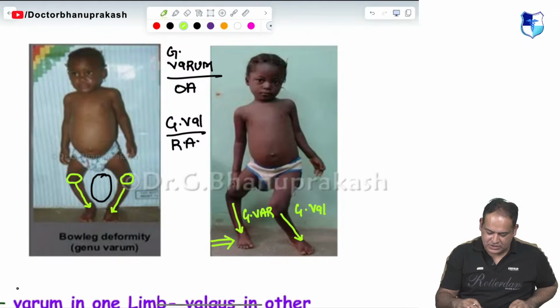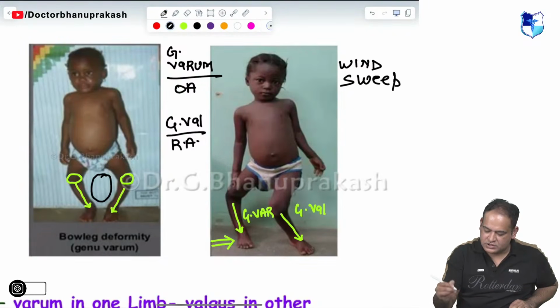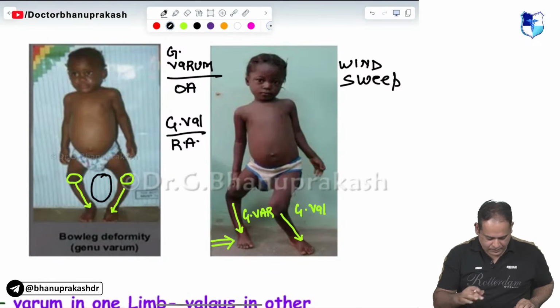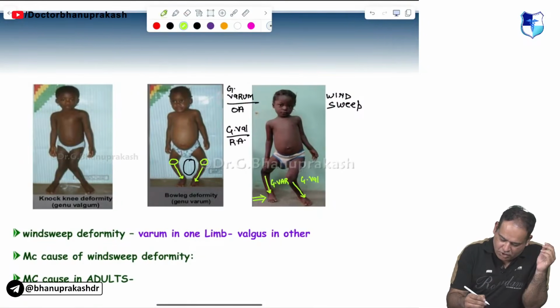So that is why this is called wind sweep deformity. I'm really sorry, I spoke the opposite things.